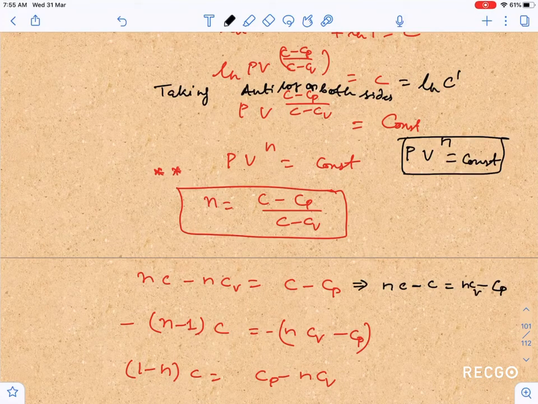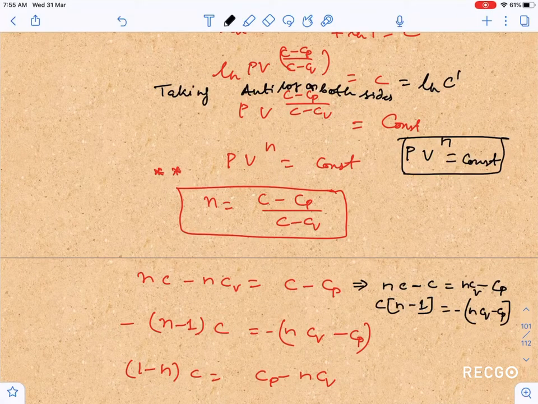Now if you take N C common from here, this will become N minus 1, and if you take minus common from here, this will be NCV minus Cp.